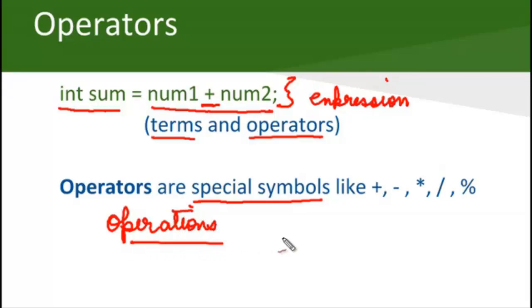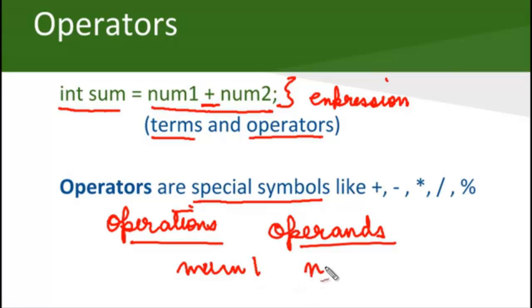These operations are performed on operands. In our example, num1 and num2 are two operands, and the plus operator is adding the values of num1 and num2.